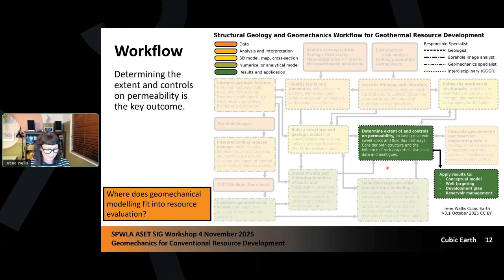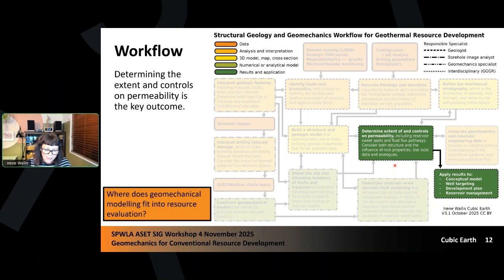And so that's thinking about where are your reservoir sweet spots, so where would you be targeting wells, fluid flux pathways, so what's the connectivity between the reservoir, because we're not talking about something static that we're extracting from, we're talking about a system of connections from an upflow through to an outflow. And then as you're going through development, you're going to have injection wells and production wells. So what are those fluid flux pathways and connections between those?